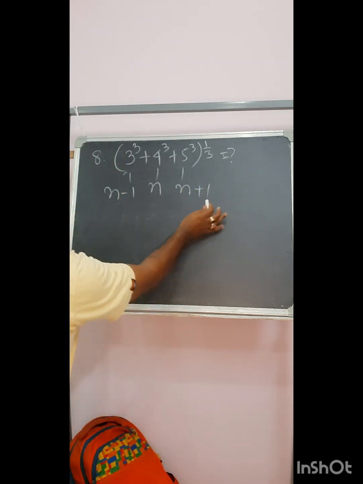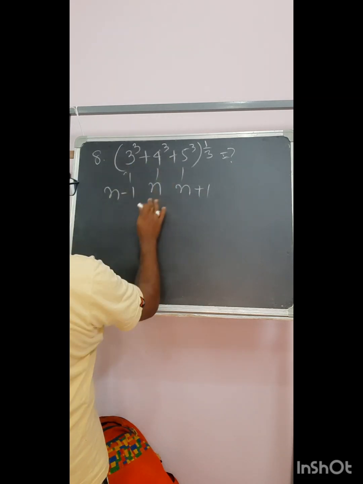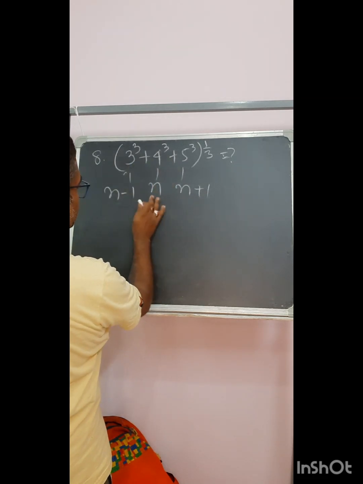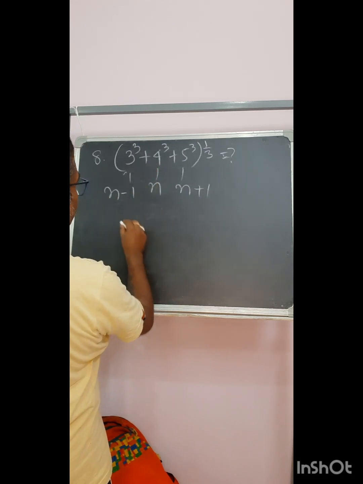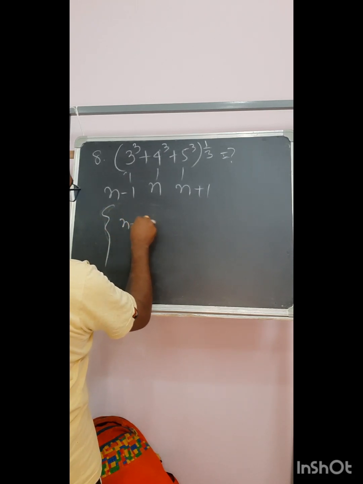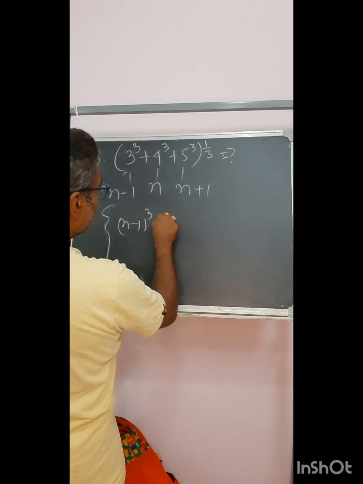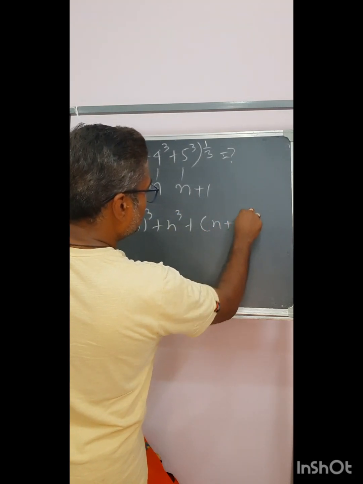I am just representing it in general terms. In any case, if this number changes, the pattern is that of consecutive 3 numbers. So what I will find, putting the values like that, is n minus 1 whole cube, then n cube, then plus n plus 1 whole cube.